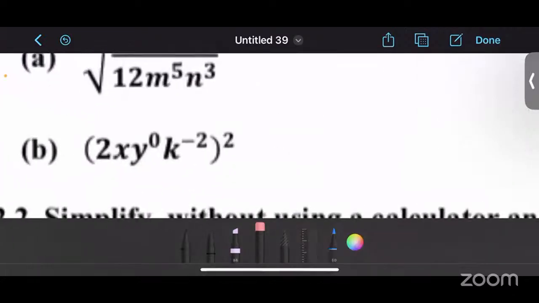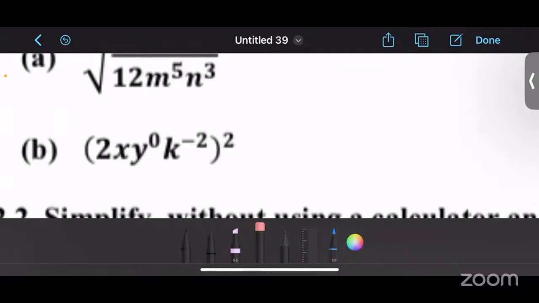Yes, we are on (2xy to the power of 0, k to the power of -2) close bracket, to the power of 2. So for this one, do we have somebody who wants to try it before I do it? Anyone? 3, 2, 1.